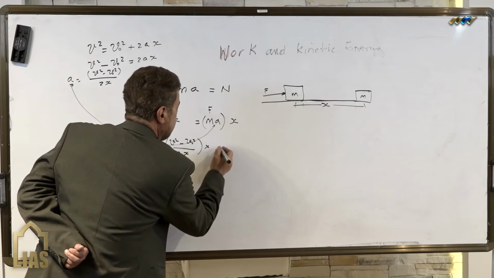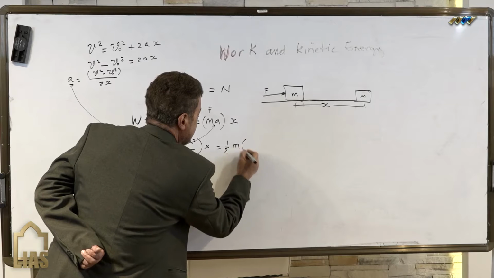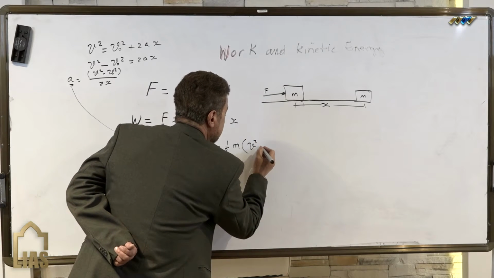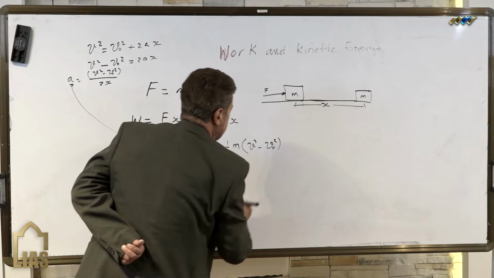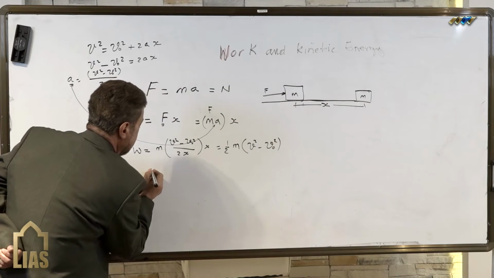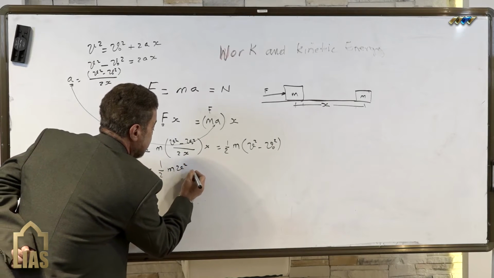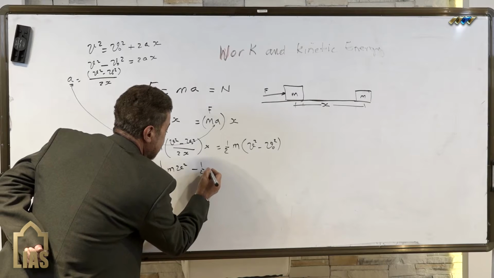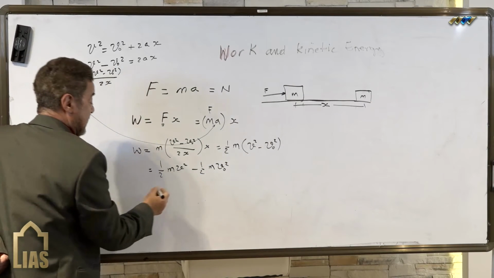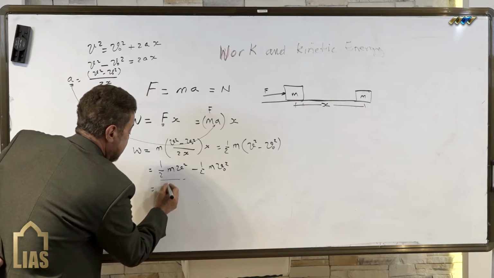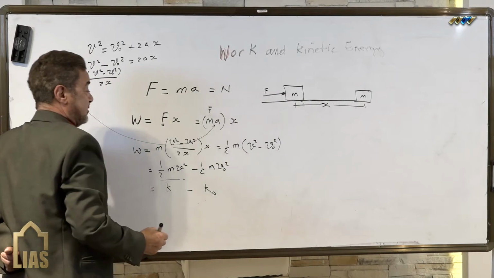That will give us half m v squared minus half m v0 squared, which is the kinetic energy, K minus K0.